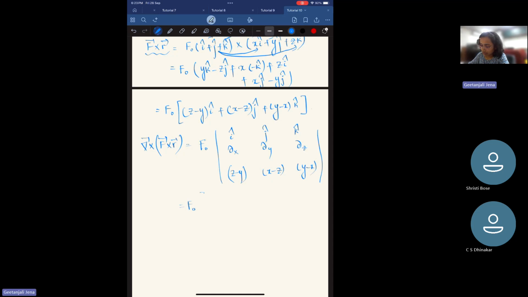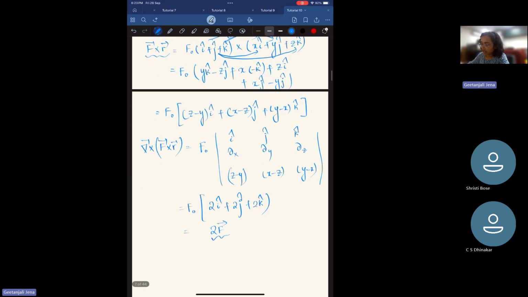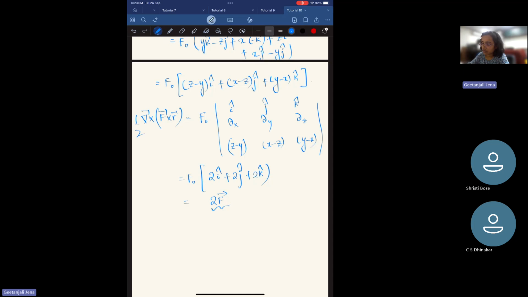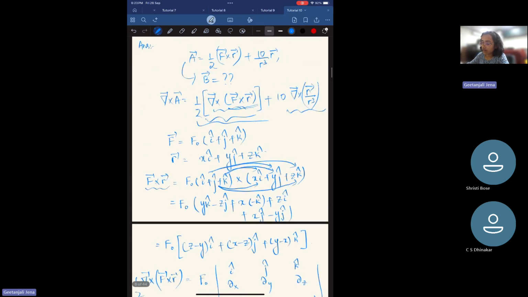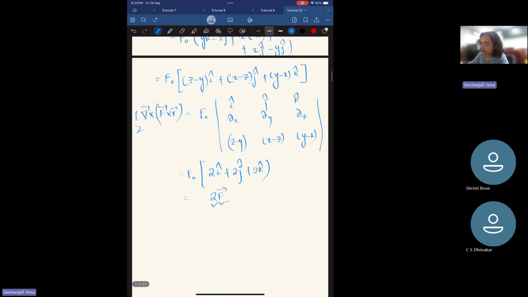So if you calculate it, it will come as 2 i-hat plus 2 j-hat plus 2 k-hat. That means it is 2 times the constant vector F. If you take the half of it, because it's half of this value, the first contribution will give F.